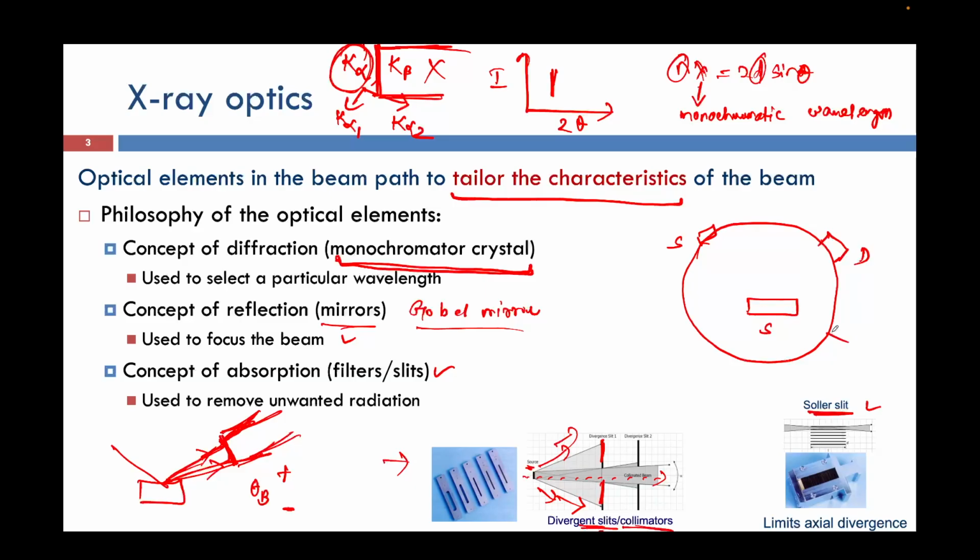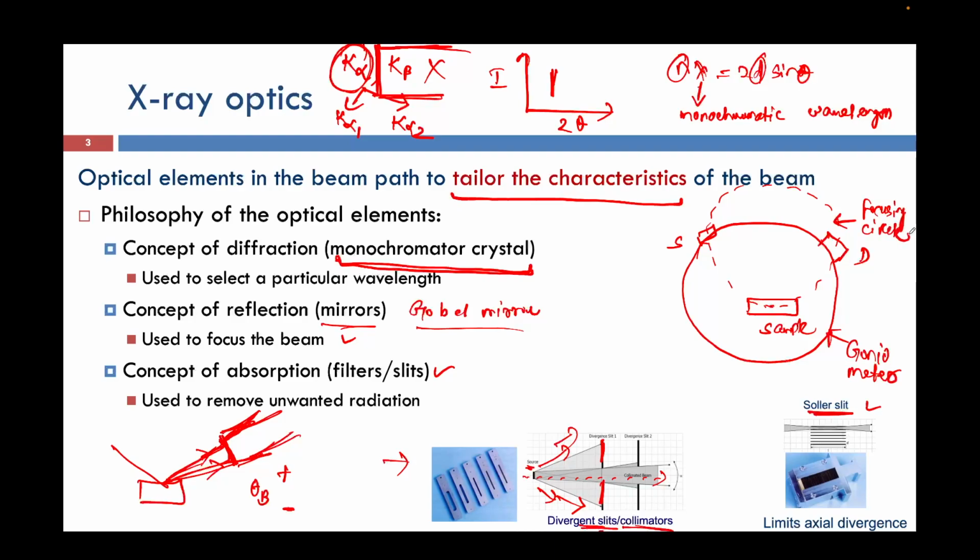This circle is known as the goniometer circle. However, connecting the sample, source and detector, there is another circle associated with it, and that circle is known as the focusing circle.